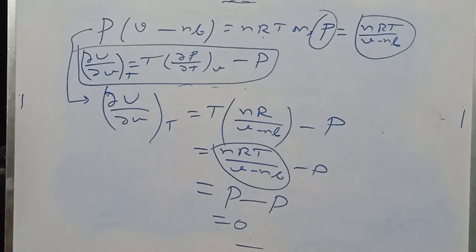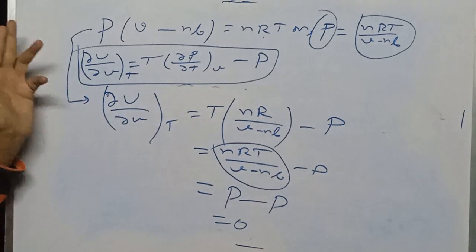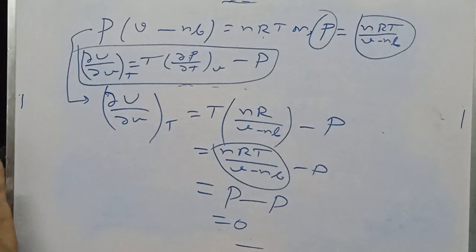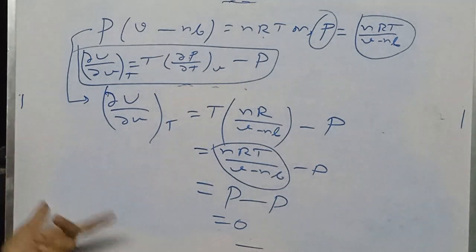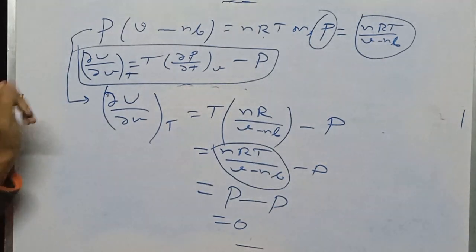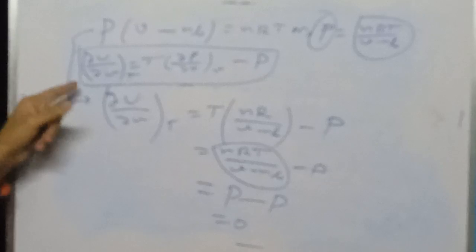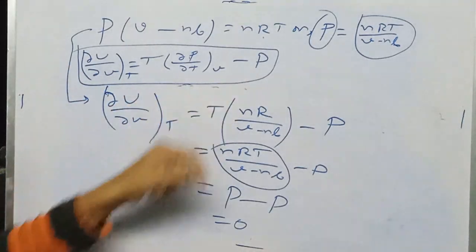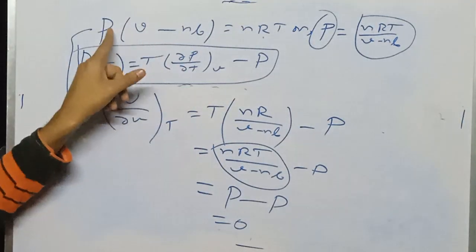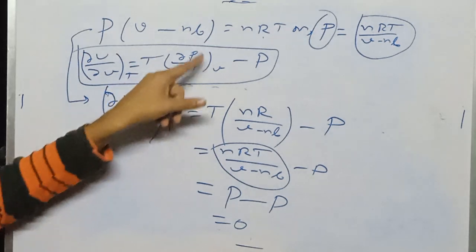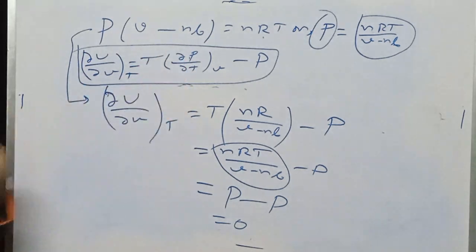Now in exams, this type of many equations may be given. Then in each step, first rewrite the equation, then use the thermodynamic equation of state. From this equation we have to obtain the value of del P del Tv.